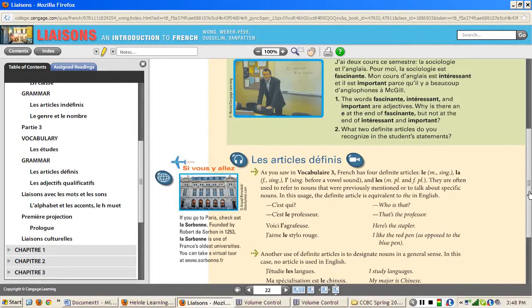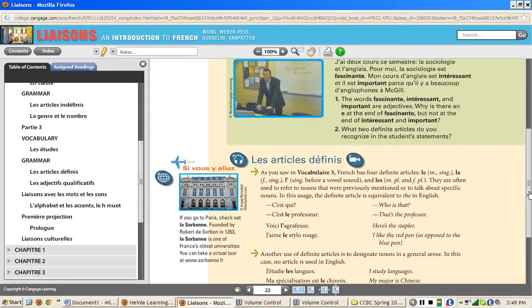The definite article is also used in different circumstances. For example, when we want to be specific. What if I were to be looking for a pen that I had lost? Well, when I find the pen and I say, oh, here it is, I would use the definite article because I'm not really looking for any old pen. Voilà un stylo.